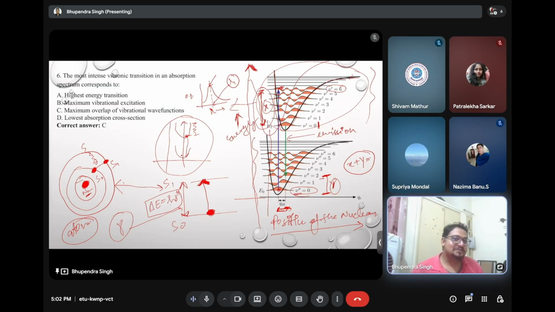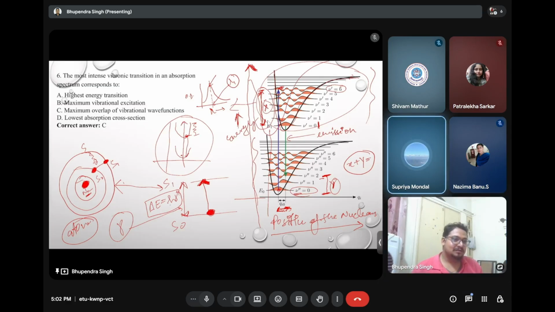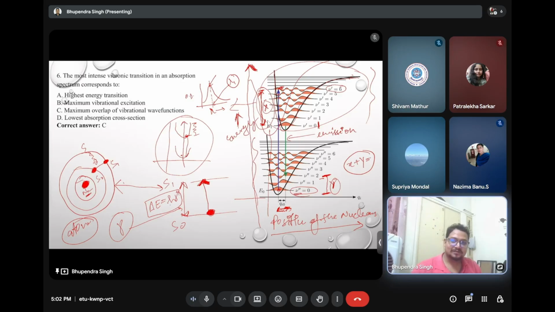So the x-axis is what? Position of the nucleus. It is not the vibration. Position of the nucleus.